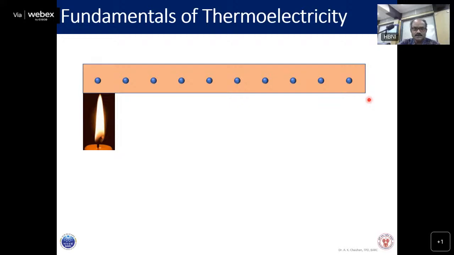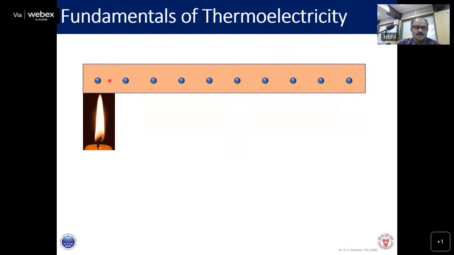Now, what happens? Suppose we start heating one end of this metal. The temperature of this part will rise, and the electrons here will gain certain thermal energy.